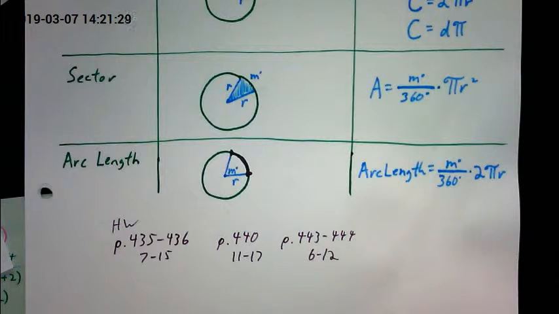Like I said, it's a little bit longer of an assignment, so it's worth extra. It's going to be out of 4, but you can get up to 8 points on it. So it's like having 2 assignment grades for 1.